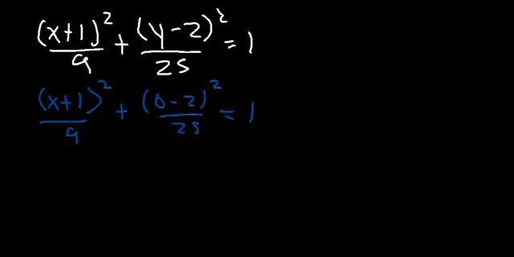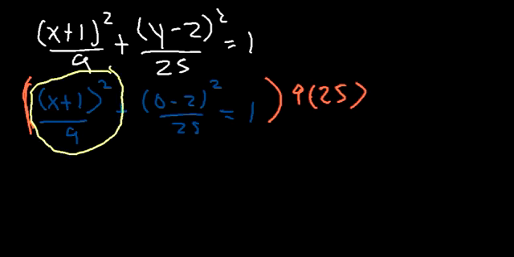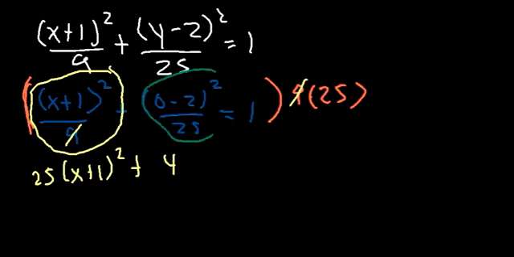What I would do to get rid of all the fractions is multiply by 9 and 25. If you take this term and multiply by 9 and 25, the 9's cancel. And so you get 25 times (x plus 1) squared. -2 squared is 4. And this term times 9 and 25, the 25's cancel. So you just get 9. And then here, 1 times 9 times 25.